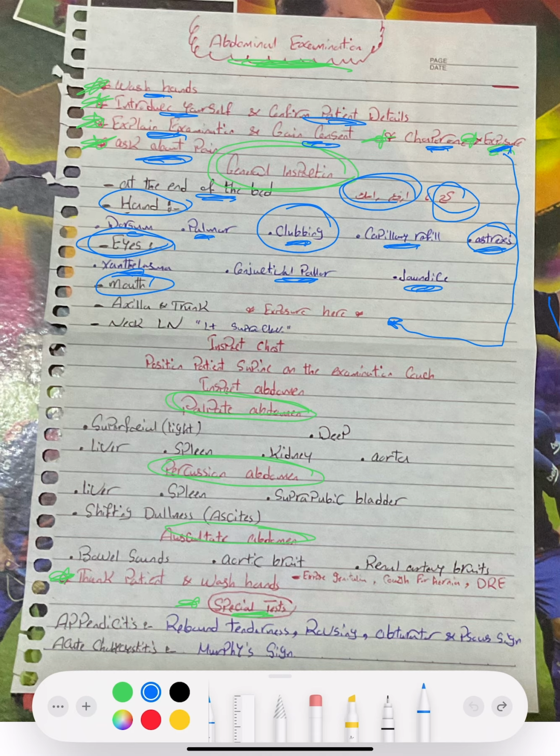Okay. And by the way, we have to inspect the axilla and the trunk. At this point, you have to ask about the exposure in a polite way. Could you please expose your abdomen for me to inspect your axilla and the trunk? This is the perfect way.